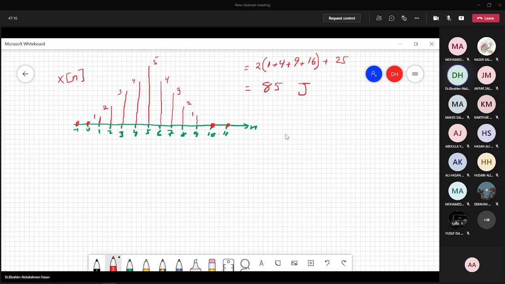واضح؟ طيب, another example. Let x of n equal to 2 to the power of minus n, for n greater than or equal to 0, and it is 0 otherwise.